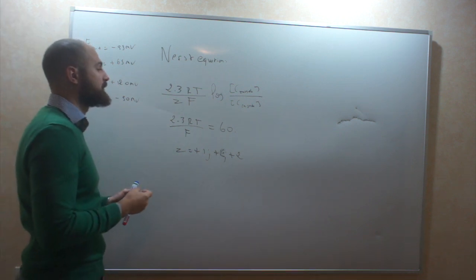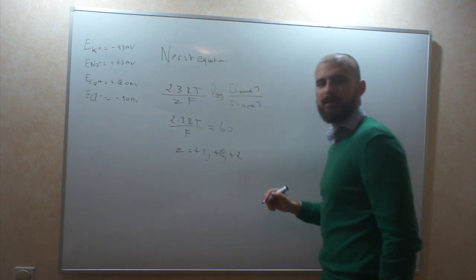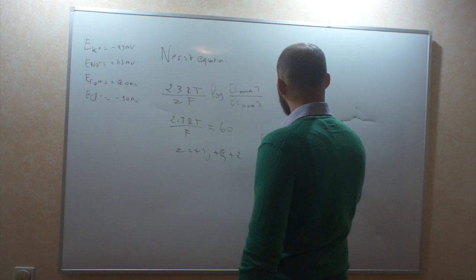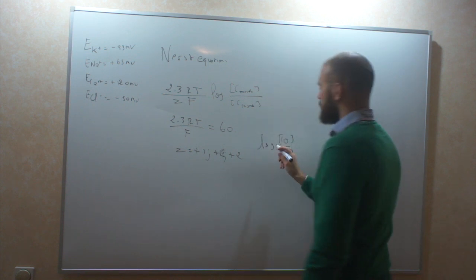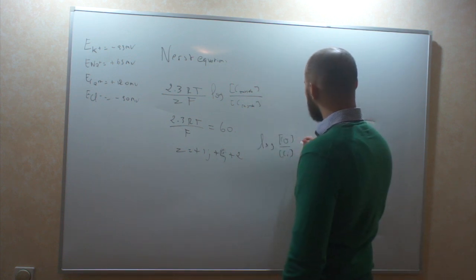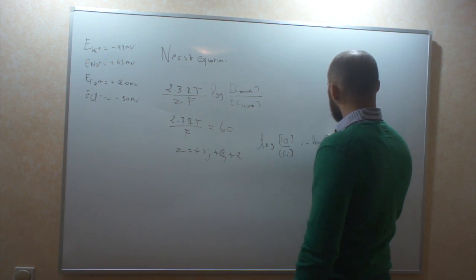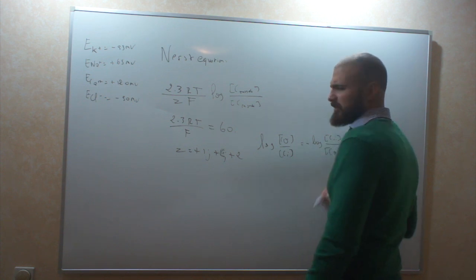We talked about it before. And log of outside on the inside. You have to know something about log. Log of concentration outside inside equals minus log of inside on concentration outside. That's mathematics.